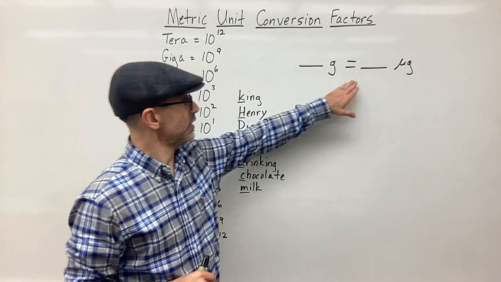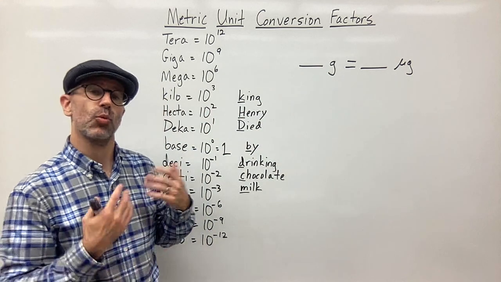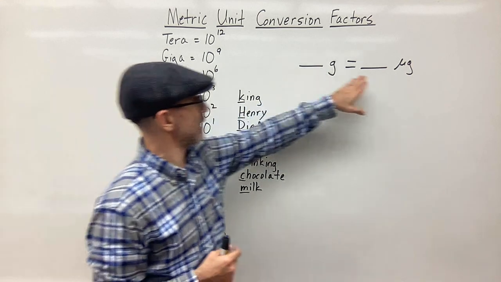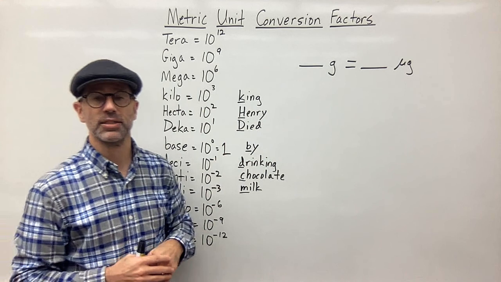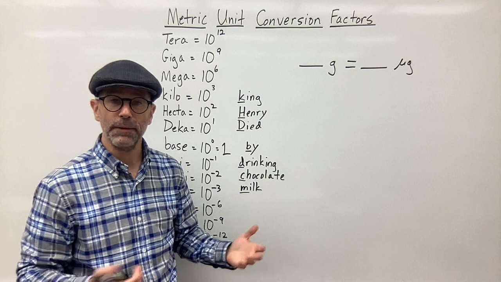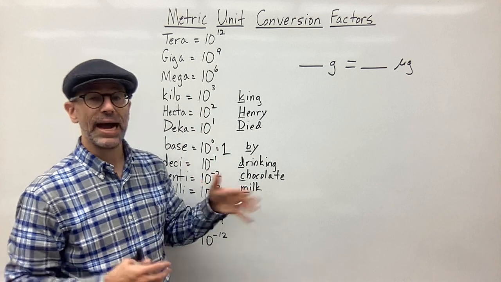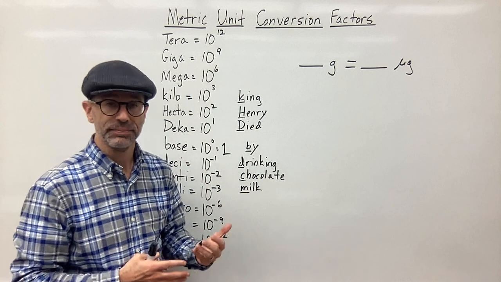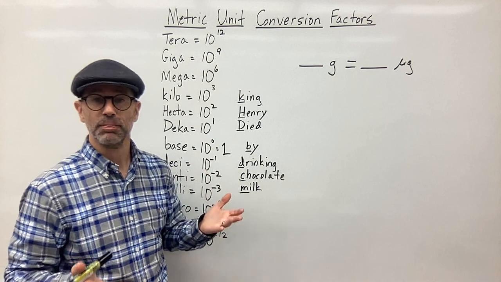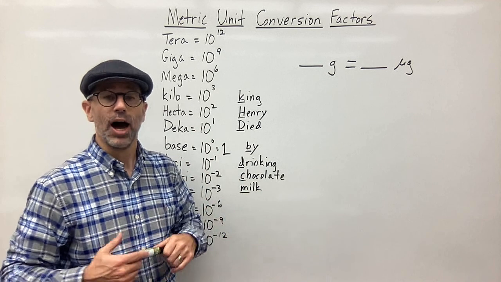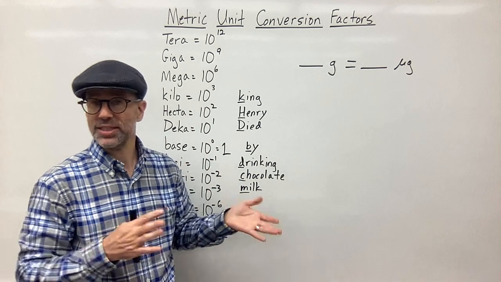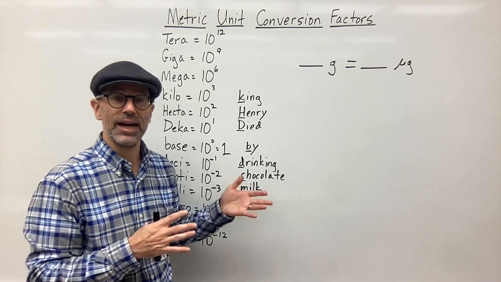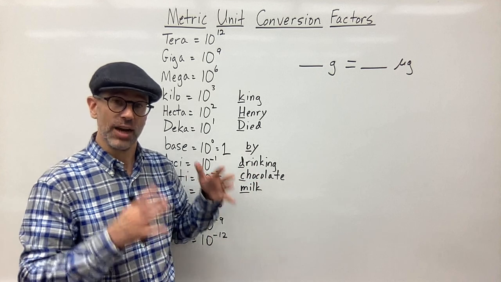So once I have the equality written with the spaces here, I'm going to put numbers in the spaces. Well, what numbers do I put? One side has to have a 1. Well, which side do you put the 1? It doesn't really matter which side you put the 1, but on the other side you have to make sure you have the right number.